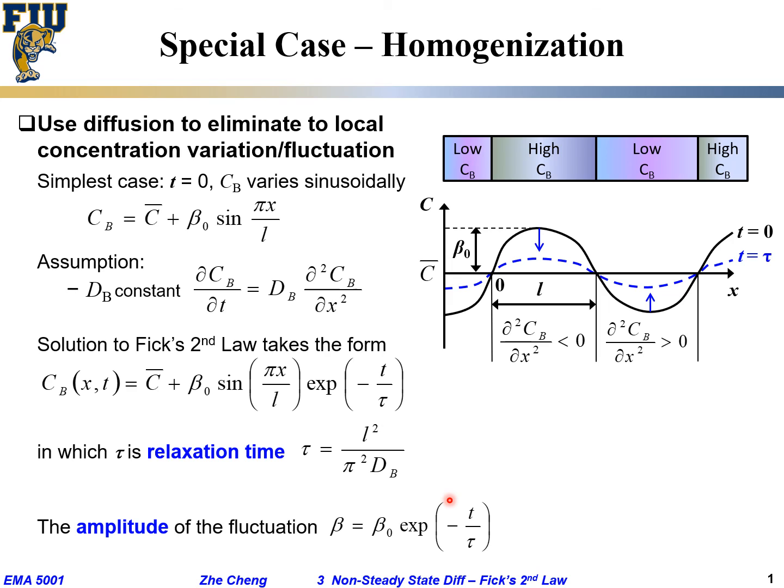This is the first case of so-called homogenization. Quite often used for metals, especially steel and some other alloys. If you want your system to become uniform faster, what can you do based on this? Well, you can jack up the temperature so that you have a faster diffusion coefficient, a higher diffusion coefficient, and a shorter relaxation time, right?